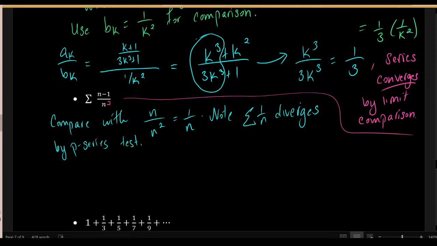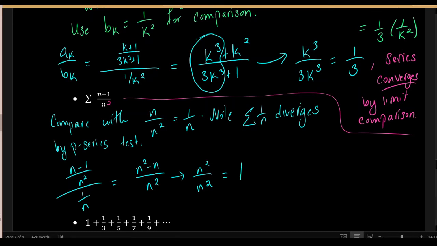So let's take the ratio of our series to the comparison series. Let's rewrite that as n squared minus n over n squared. As n goes to infinity, this rational function begins to approach the ratio of the leading terms, which simplifies to the number 1.